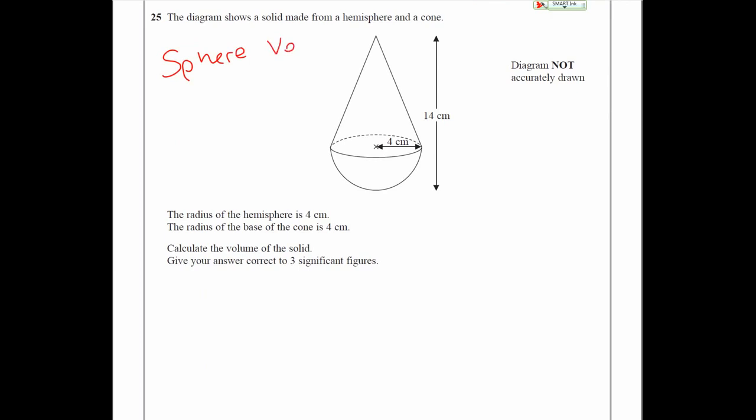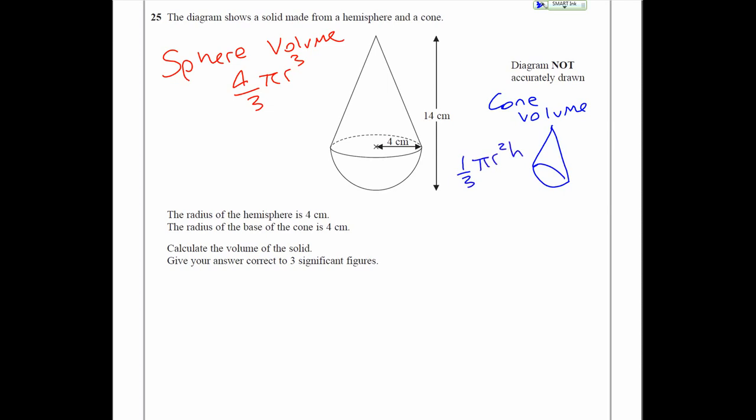Sphere volume 4/3 pi r cubed. Cone volume is 1/3 pi r squared times h. So all we need is the vertical height and the radius for this one, and for the sphere we need the radius.